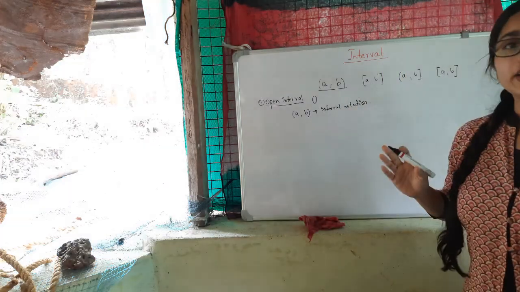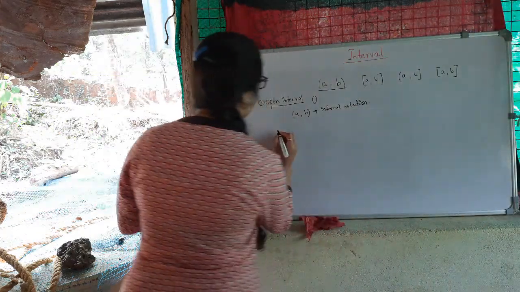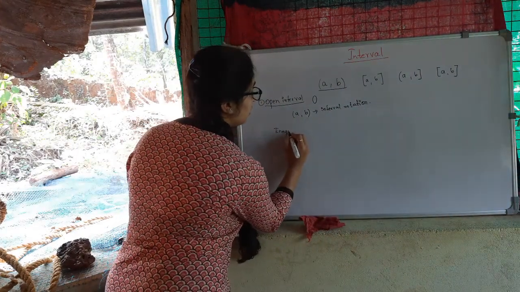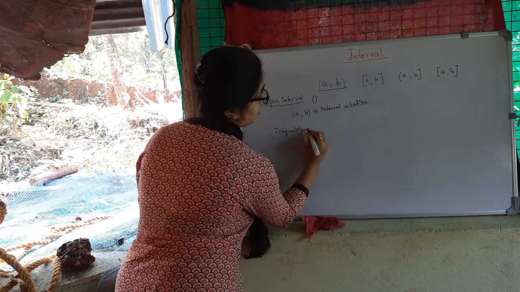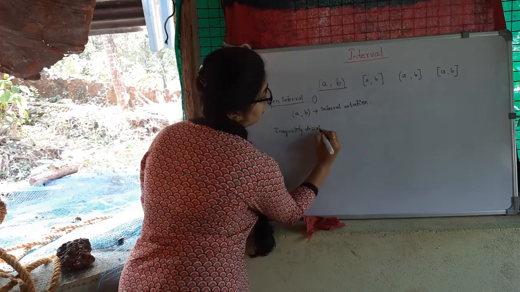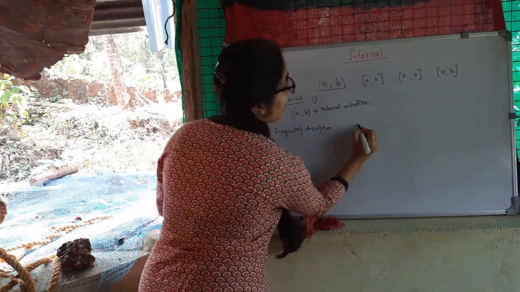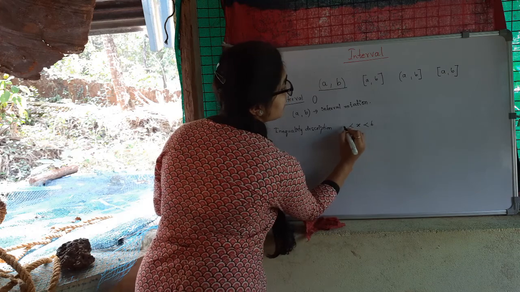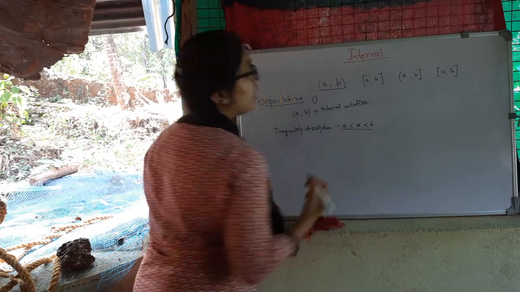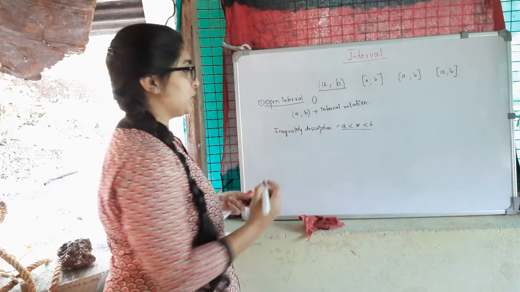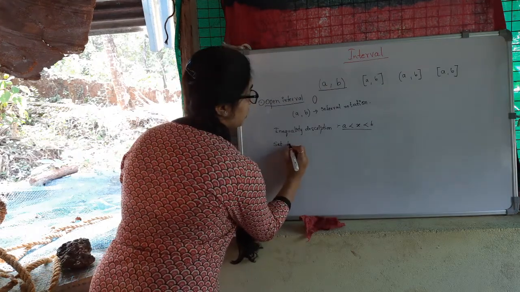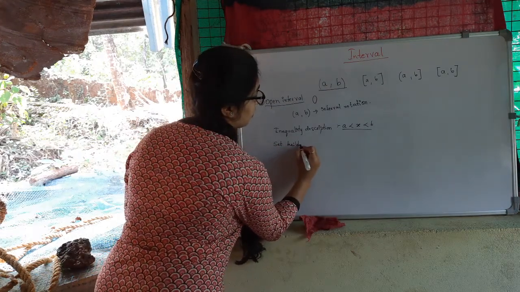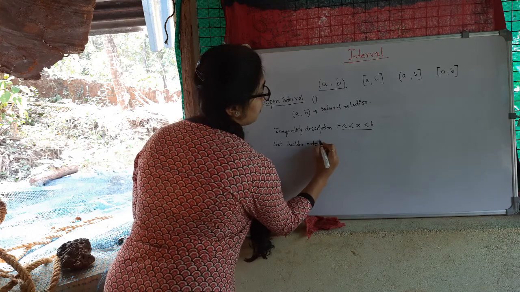How will you write the inequality description? I can write this as x is greater than a and x is less than b. So this one will be your inequality description. Set builder notation will be like this.